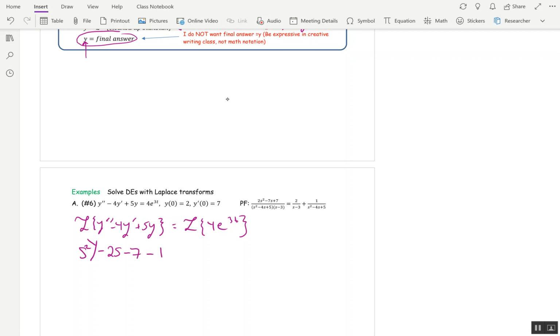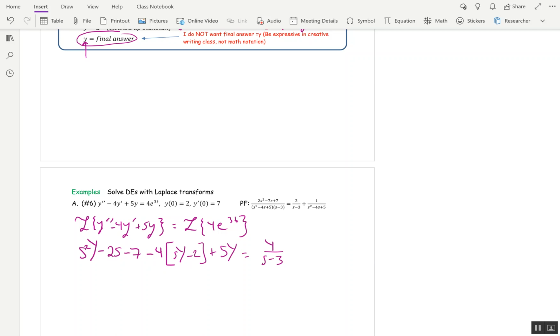Then we're going to go minus 4, bracket, because L of y prime has 2 terms, S big Y, minus y of 0, which is 2, and then plus 5 big Y. L of little y is big Y. And that equals L of 4e to the 3t, which is 4 over s minus 3.